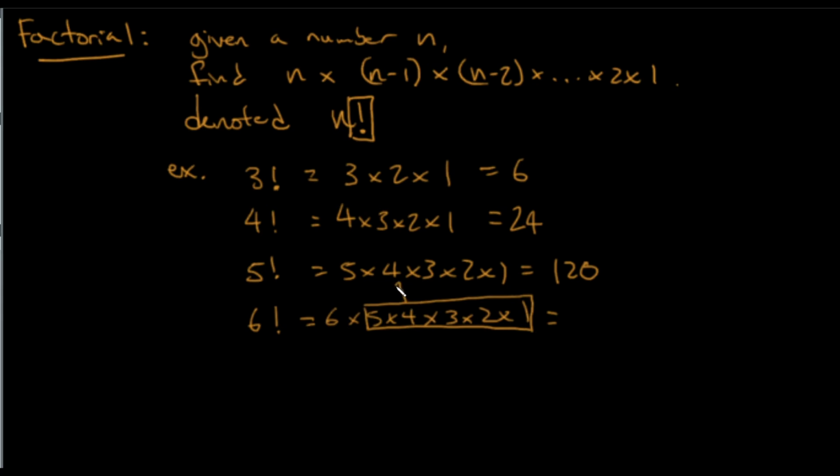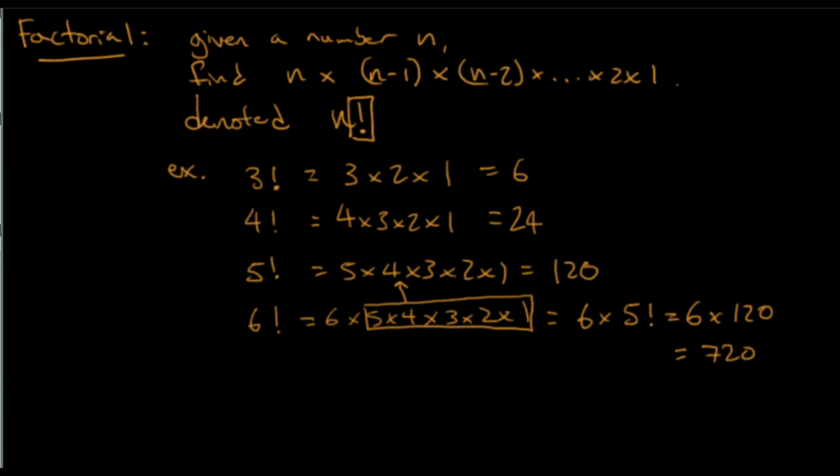This problem I've boxed in we've already figured it out. So what I can say is that 6 factorial is instead 6 times 5 factorial. And we've already figured out what 5 factorial is, right? So it's 6 times 120, which comes out to be 720.